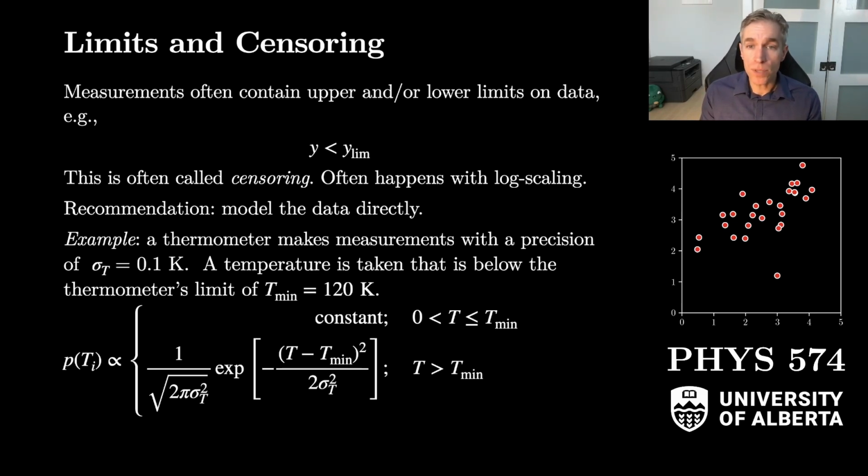But sometimes you just are missing a datum. Like, consider a thermometer that's taking measurements with a precision of 1/10 of a Kelvin. But the thermometer has some limit to it. So some minimum temperature, say 120 Kelvin, below which it just says, I don't know, it's cold, it's some value, but it's cold.